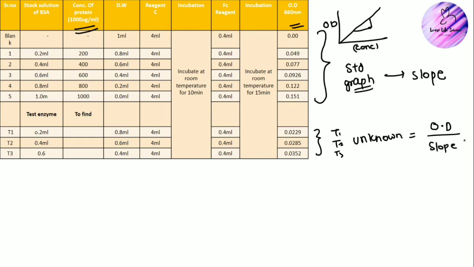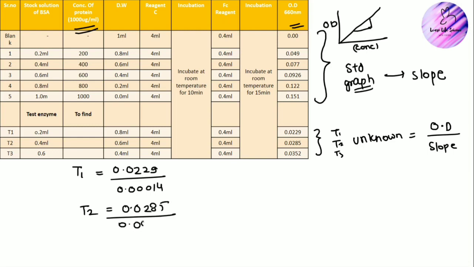For this you will just have to divide the OD by the slope. For example, I am writing it right here. T1 will be equal to, OD is given 0.0229 divided by slope. For example, let's consider the slope 0.00014. For T2 you will have 0.0285 simply divided by 0.00014.